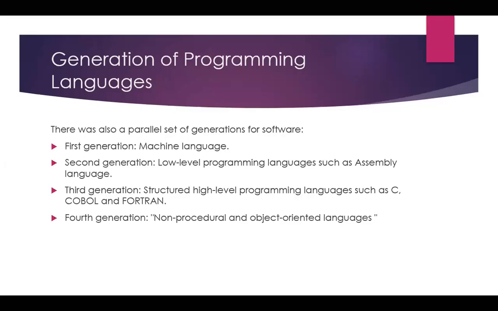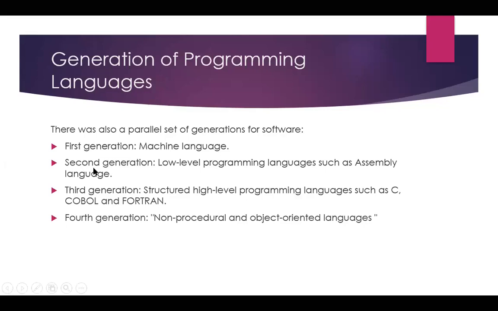If it is not flowing, it is no. So this system is known as binary system, and it is written in the form of 0 and 1. 0 means no and 1 means yes. And this language of zeros and ones is known as machine language. So first generation language is machine language.